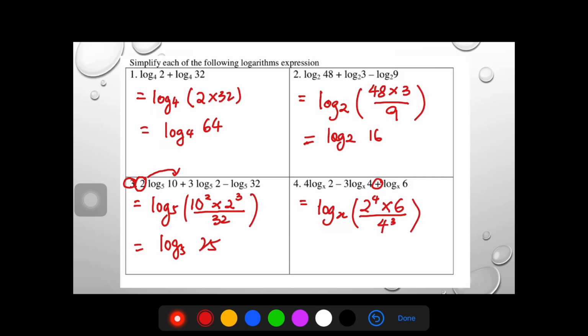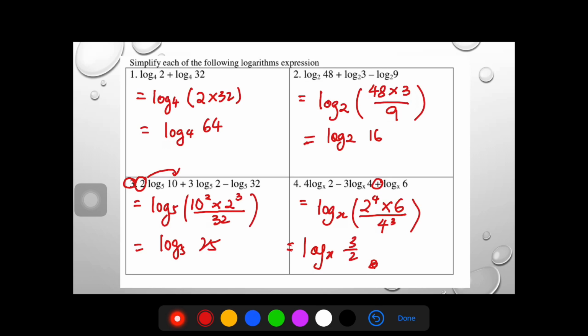Now press your calculator: 2 power of 4, multiply with 6, divide with 4 cube. Log x 3 over 2. So we can leave our answer here.